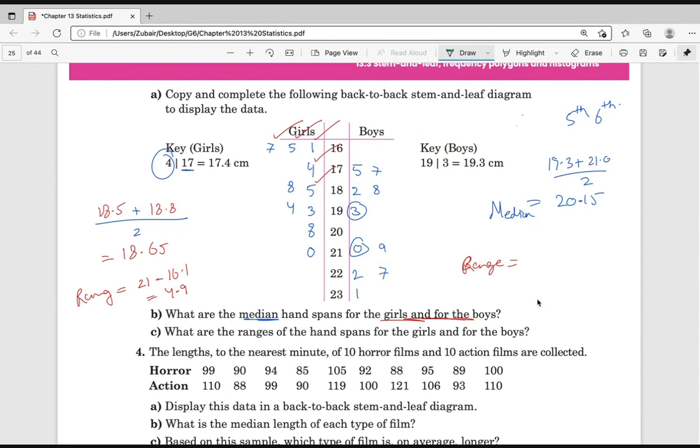Ali, highest value for boys? 23.1. And the lowest value? 17.5. So we get 5.6.